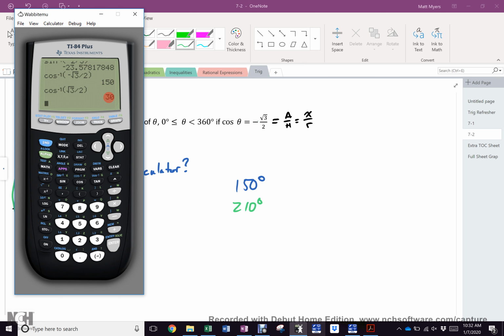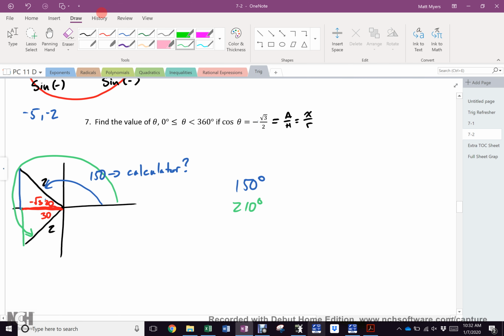Nuts, huh? Now, if we did Pythagoras here, we would find this side was 1. Everybody cool? Right? Because r squared equals x squared plus y squared, right? Which means r squared minus x squared equals y squared, right?